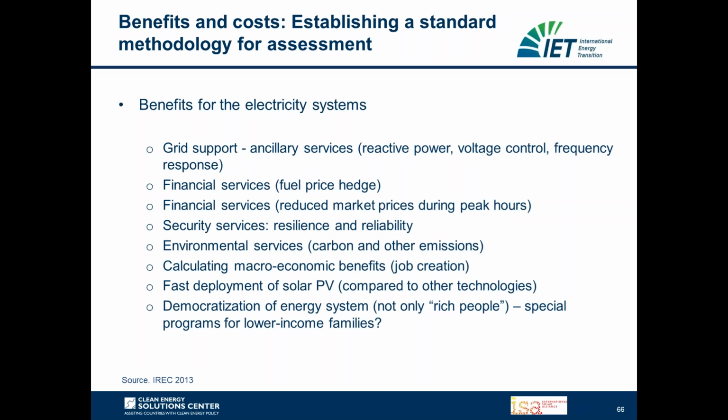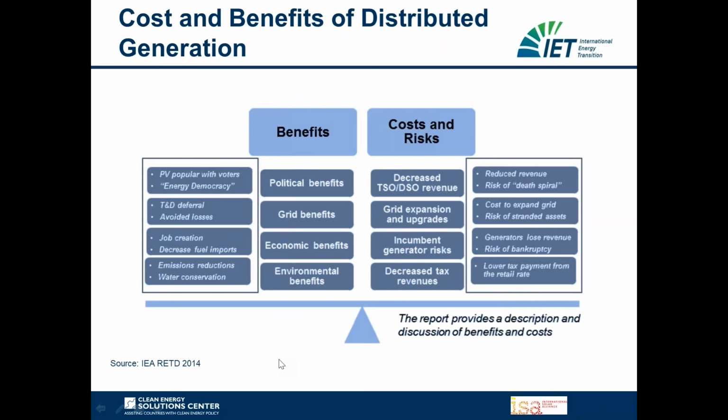So you have to keep them into account when you do the rate design. You cannot just look at the costs which are associated with deploying distributed generation. Here, a quick summary again from an IEA RTD report, summarizing to a large extent what I just said.